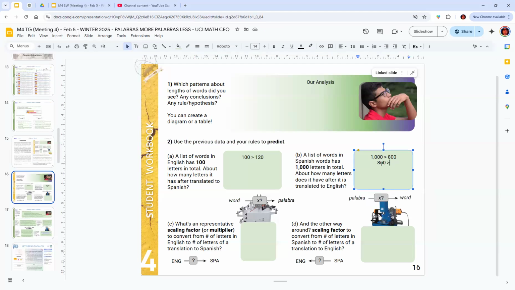So what's 20% of 800? Well, 10% is 80, so 20% is 160. So I need to add 160, and I'm not going to get to 1,000 again. So there's something fishy here.